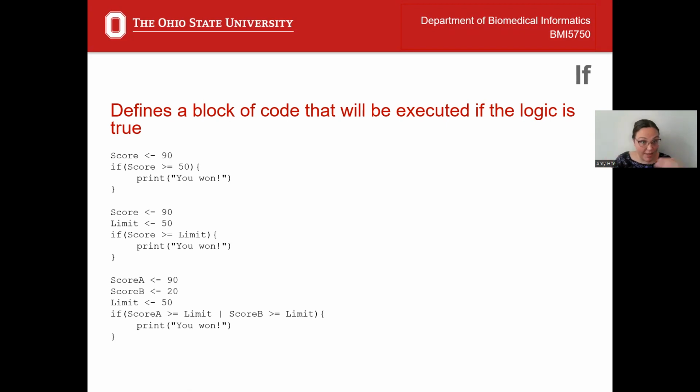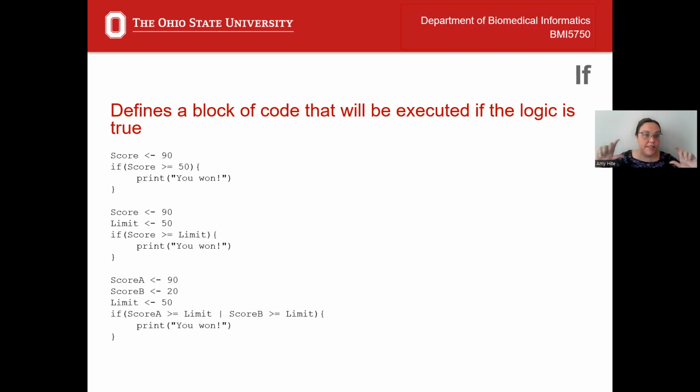And then in our if statement, we have the word if, it's all lowercase. And in the parentheses, we have our logic question. We ask, if score is greater than or equal to 50, we're going to do some code. And in this case, the code is just to print you won to the screen.